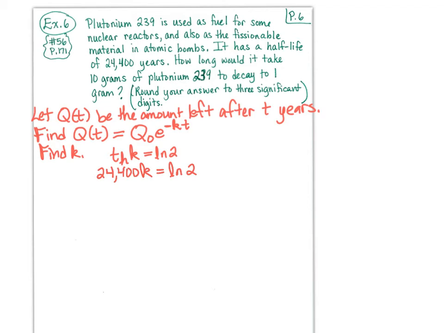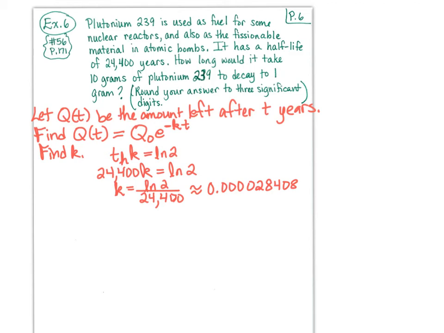Well, that means we divide both sides by 24,400. So K is going to be the natural log of 2 divided by 24,400. That will be approximately, here we do not want to round our answer because we want our final answer to be very accurate. So we just write down what we get. Enter that into your calculators. You get 0.000028408. Okay, so we found our K, we found our decay constant.